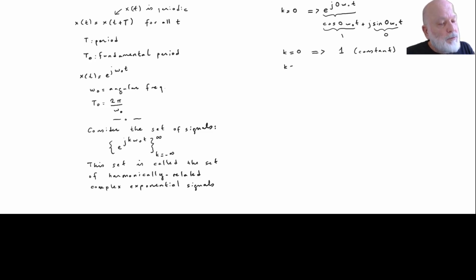k equal to plus minus 1 will give us the two signals e to plus minus j omega 0 t. So these two signals are called the fundamental harmonics or first harmonics.